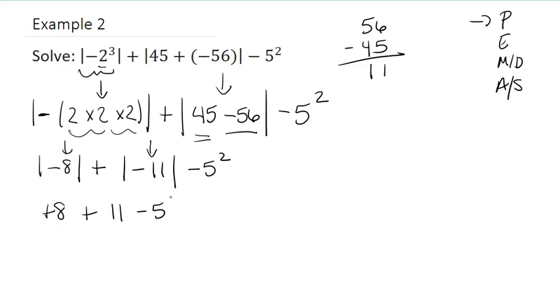So now we've dealt with that first step of parentheses, and the next thing we do is look at exponents. And we see we have an exponent here. And notice again, this 2 is only attached to the number, not the negative sign. So we only need to then multiply out. So what we have is this plus 8 plus 11, and we have minus 5 times 5.